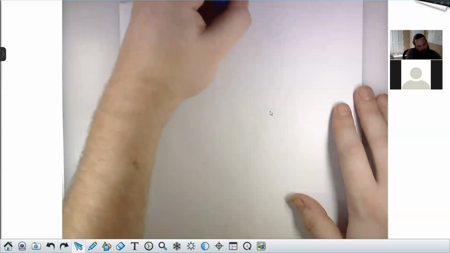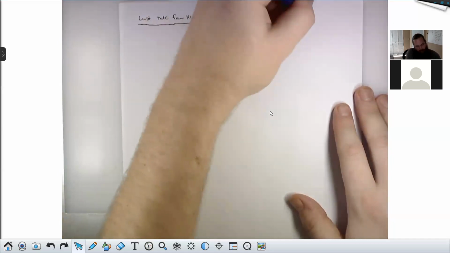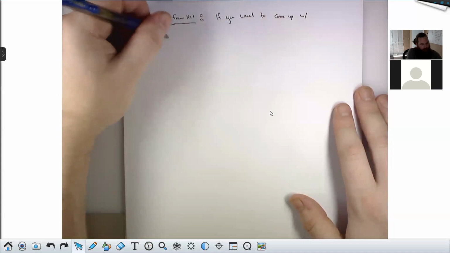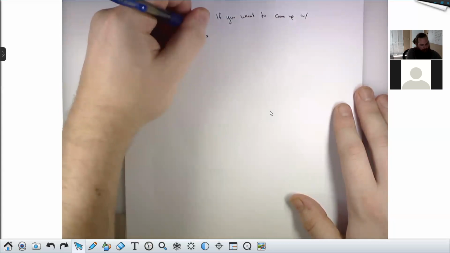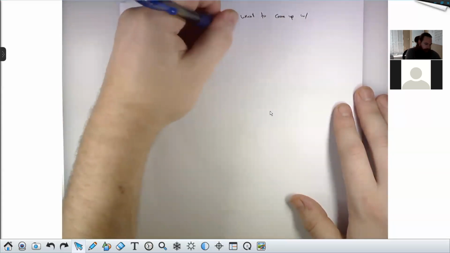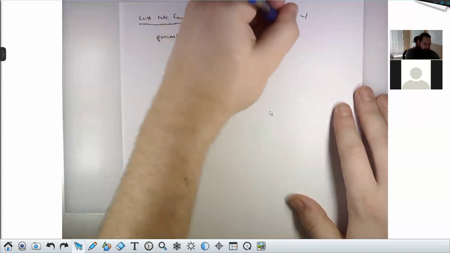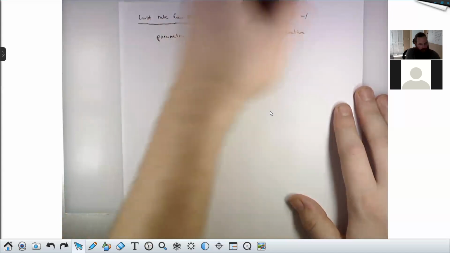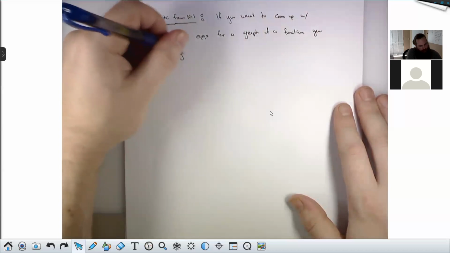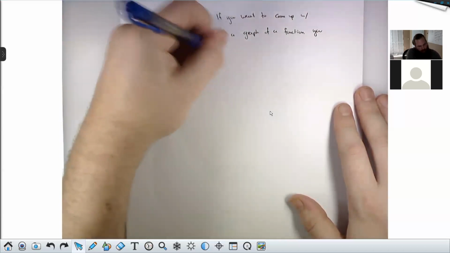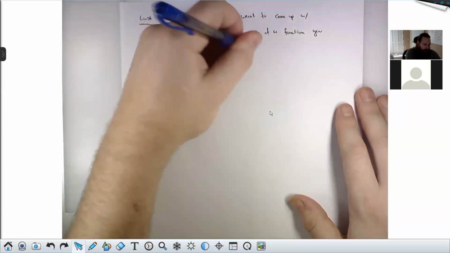If you want to come up with parametric equations for a graph of a function, you can always use x equals t and y equals f of t.